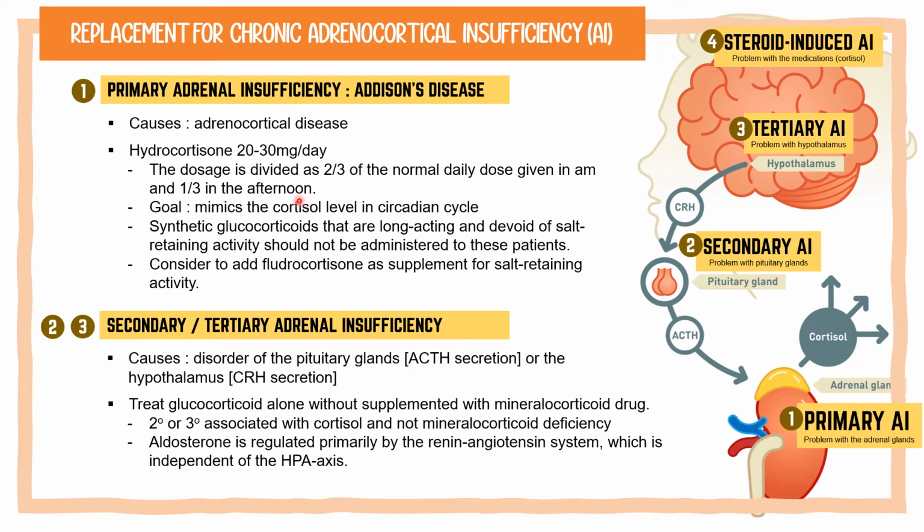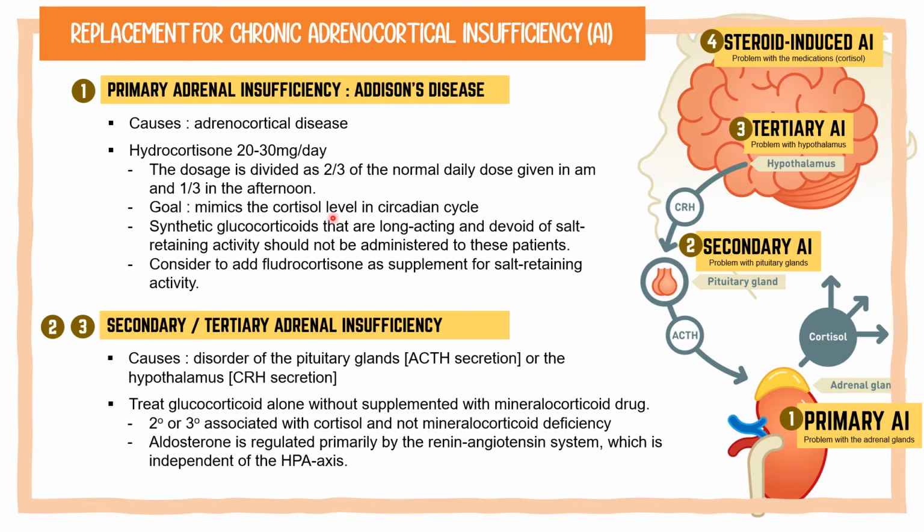Thus, the treatment consists of hydrocortisone 20 to 30 mg daily, supplemented with the mineralocorticoid fludrocortisone. However, please do not use dexamethasone, which is a long-acting glucocorticoid and is devoid of salt-retaining activity.